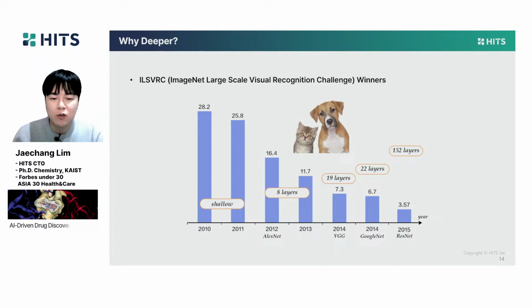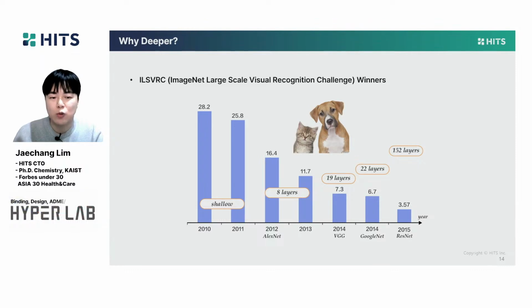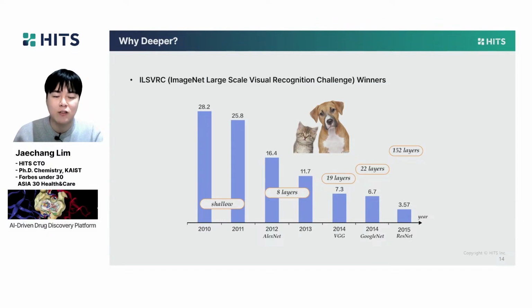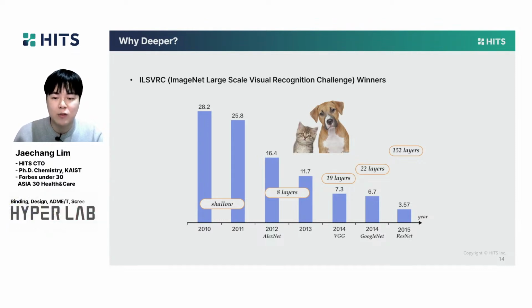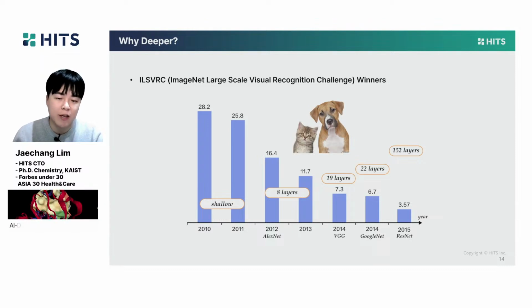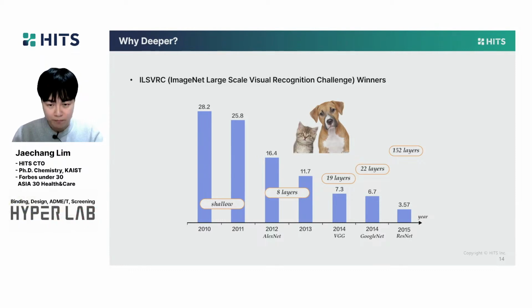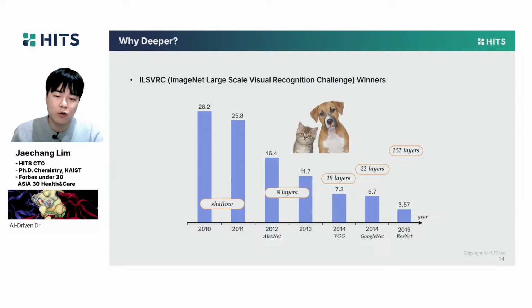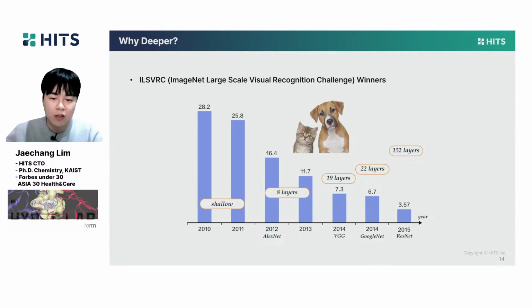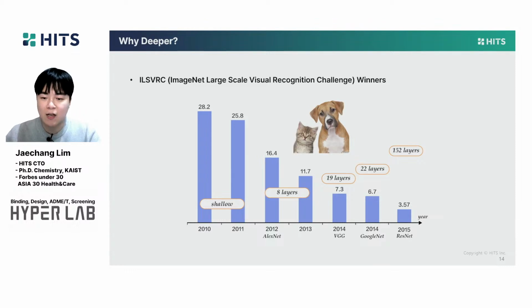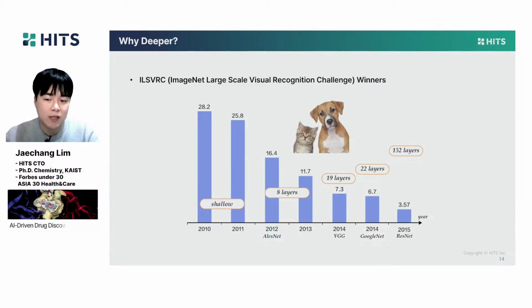There was a competition called the ImageNet Challenge. The challenge is to distinguish images of dogs and cats. This competition had been around for a while, but until 2011, classic machine learning methods, which are not deep learning, performed better than deep learning. The results of this competition were measured by the error rate. The error rate is how many mistakes were made when 100 photos on average are shown. The best performance at that time was about 25%.